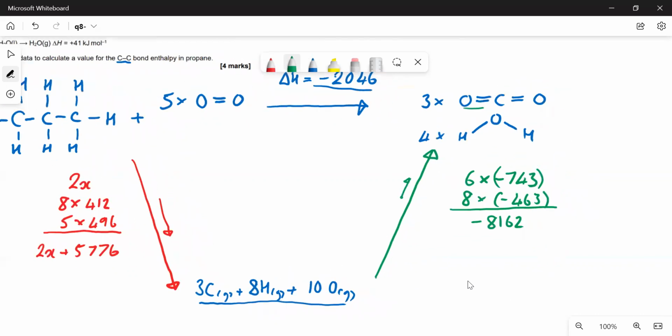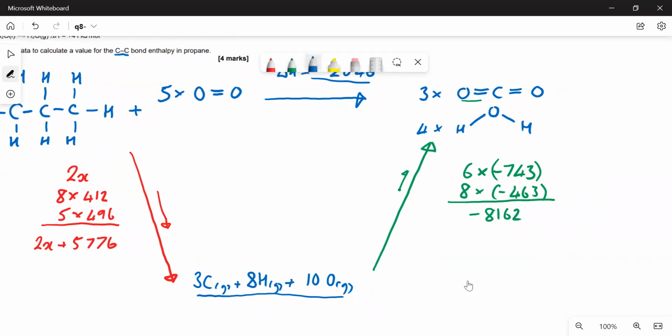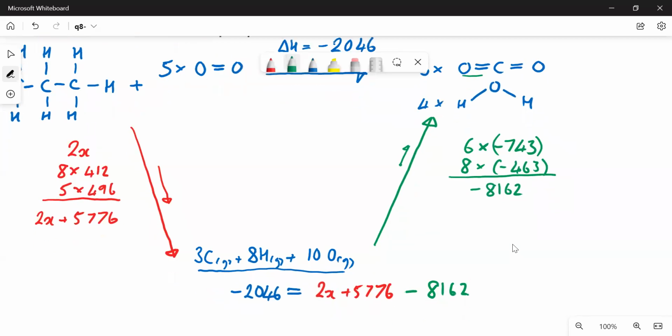We're going to get minus 2046 is equal to 2X plus 5776 minus 8162. So let's get 2X by itself.